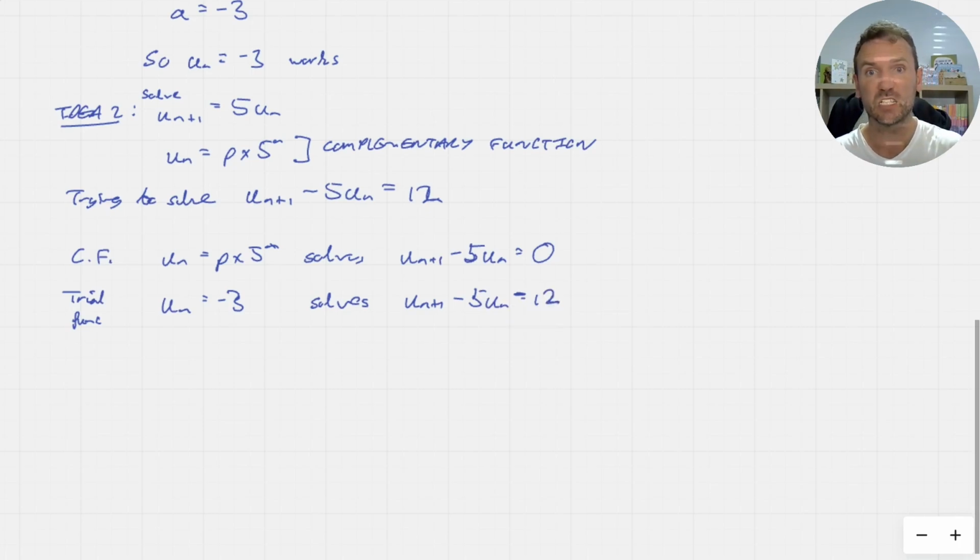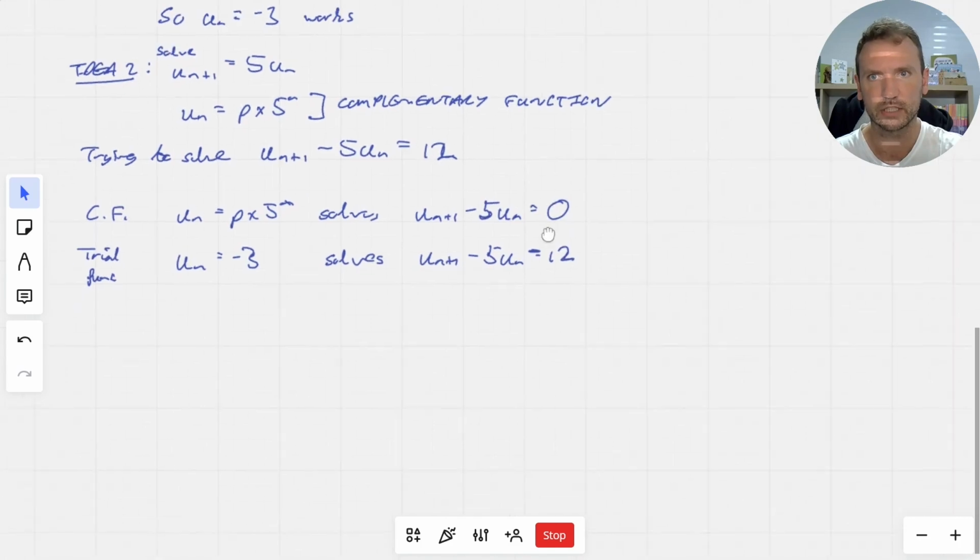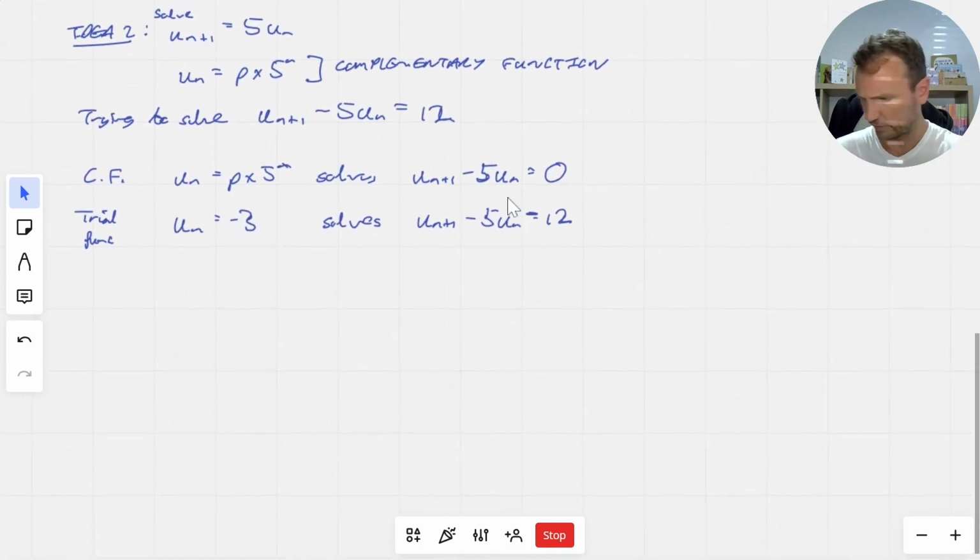The idea is, if we combine our complementary function and our particular function by adding them together, we're actually still going to solve this recurrence relation we're after, which may not sound obvious, so let's go through it.